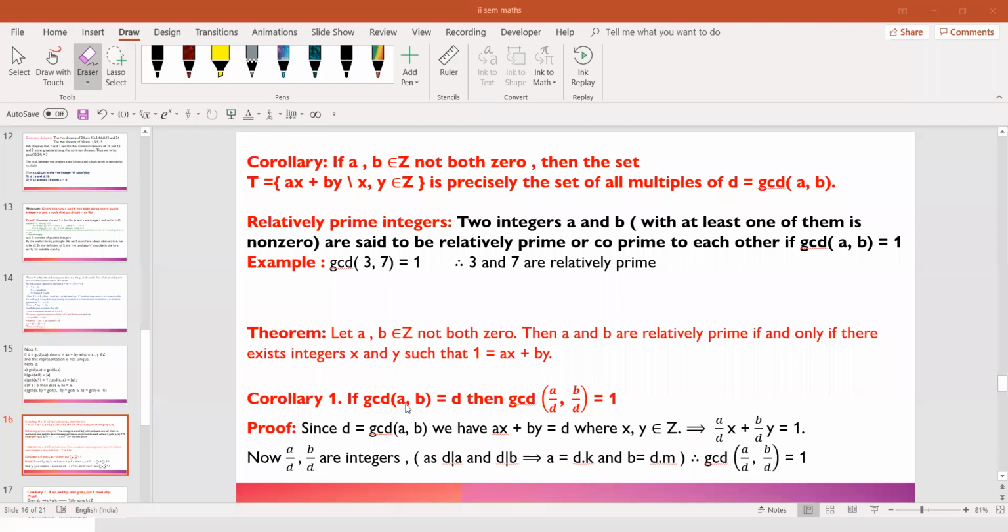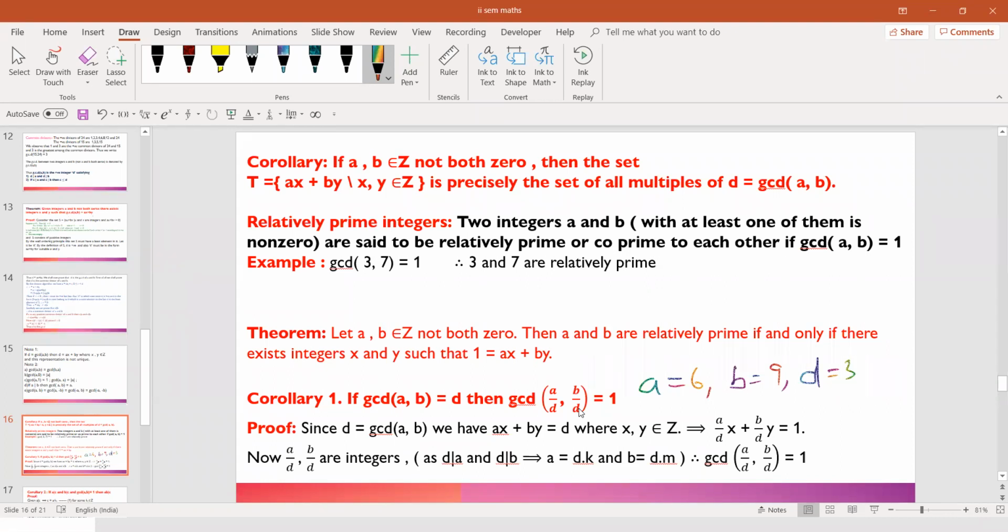So take A equal to 6, B equal to 9. Then you will get D equal to 3, the greatest common divisor of 6 and 9. Now I am asking 6 by 3, that is A by D. What is A by D?